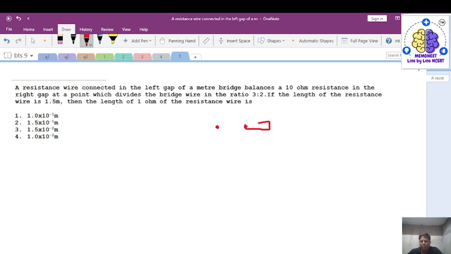So what they are saying is that there is a meter bridge. Right. Here the resistance wire has been connected, and here we have a known resistance of 10 ohm.